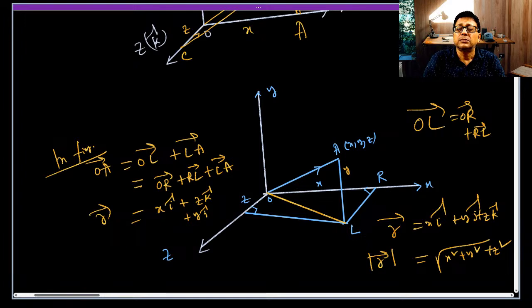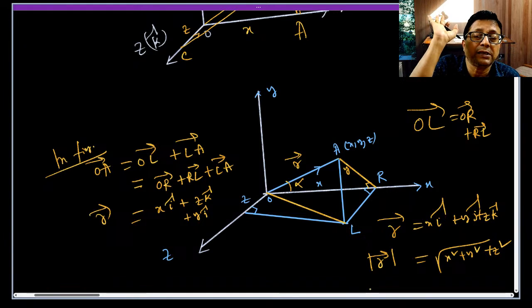Now, if I ask you to write the angle made by the vector with the x-axis, this is the perpendicular I told you about, where it intersects. This angle will be referred to as the angle made by the vector r equal to a with the x-axis.